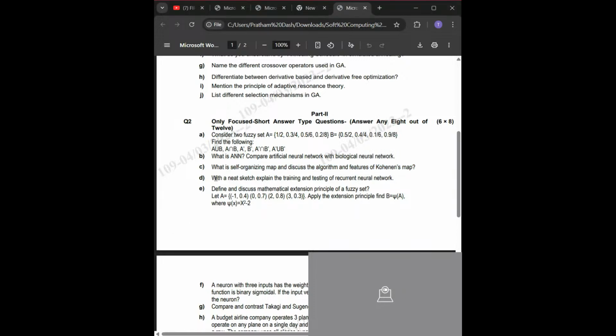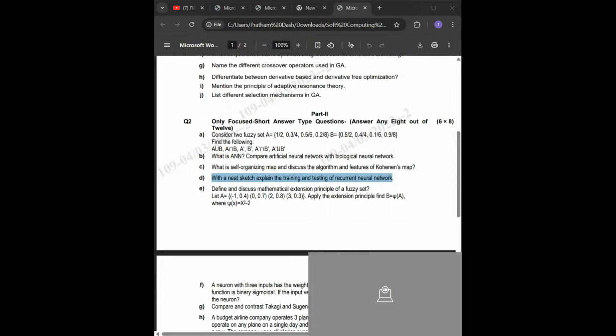Next, sketch and explain the training and testing of a recurrent neural network. So a recurrent neural network would basically mean it's a neural network which will send the data over and over again for fine tuning of the data. That's what I think.